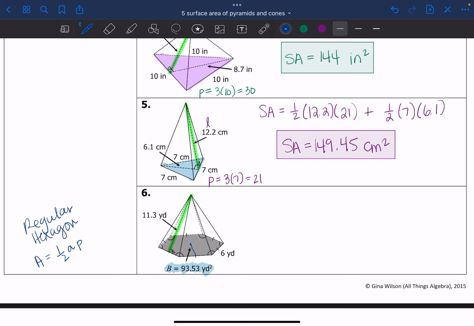So for the surface area formula, we need our slant height, which is labeled right here. 11.3 is our slant height. We need to find the perimeter of the base. So if one side is 6, and there are 1, 2, 3, 4, 5, 6 sides, 6 times 6 is 36. That's going to be our perimeter.